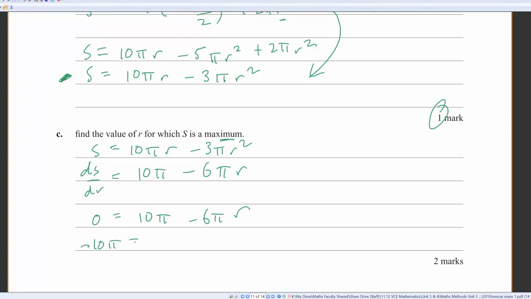Negative 10 pi equals negative 6 pi r. r is equal to negative 10 pi over negative 6 pi. Pi's cancel out, negatives cancel out. r is 10 on 6, which is 5 on 3. Whoops, that's a really tragic mistake there, right at the end. All right, so there's our cone of death question, and not too bad when you get into it.